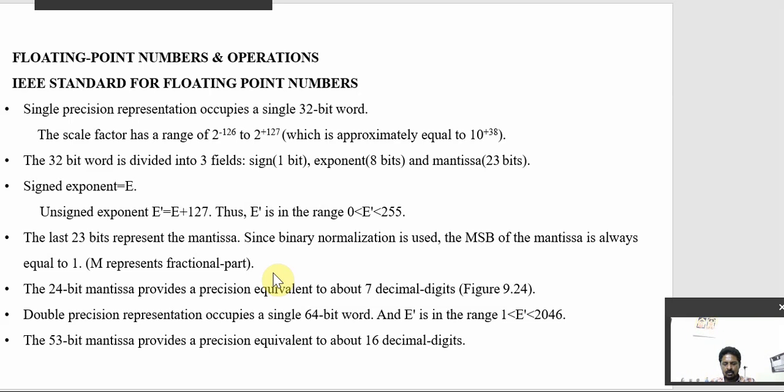The second one is floating point numbers. Now we will describe floating point numbers. Generally, a floating point number includes integer values as well as fractional values.